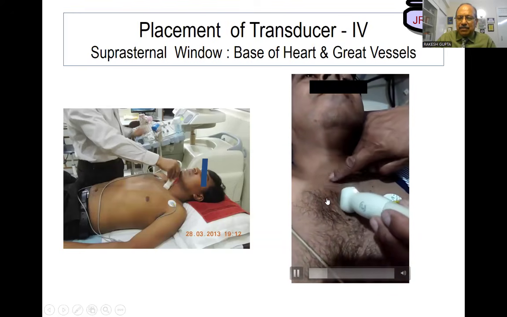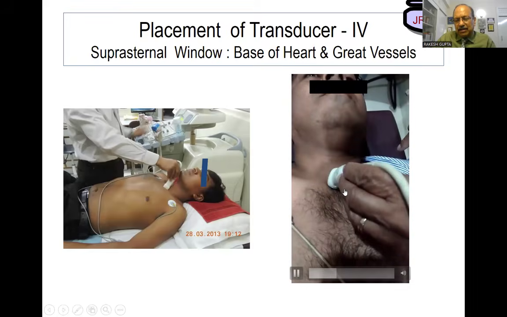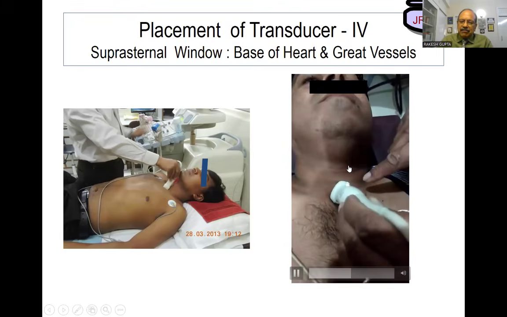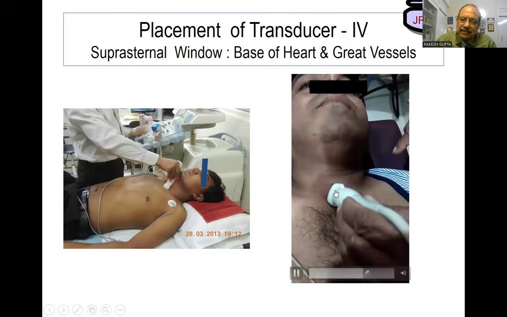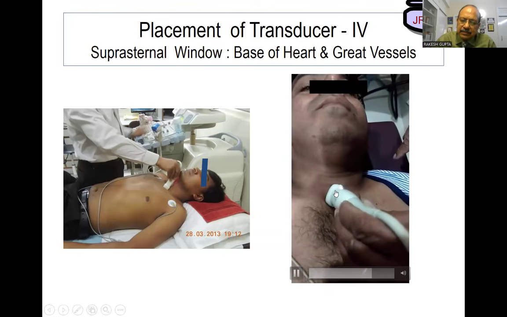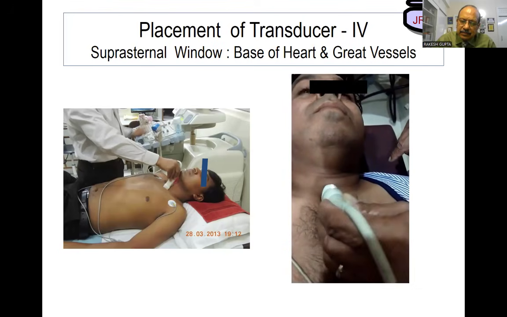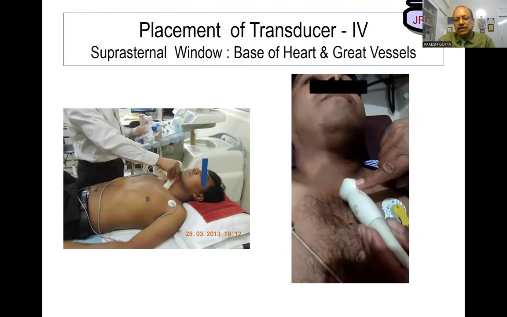Suprasternal window, index marker, supraclavicular window at 1 o'clock position. We are perpendicular.